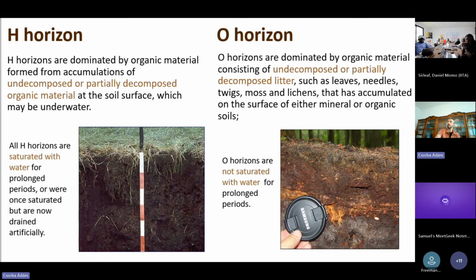So just summarizing, H and O horizons are those horizons that are so-called organic because they mostly contain organic matter, undecomposed or just partially decomposed organic matter.